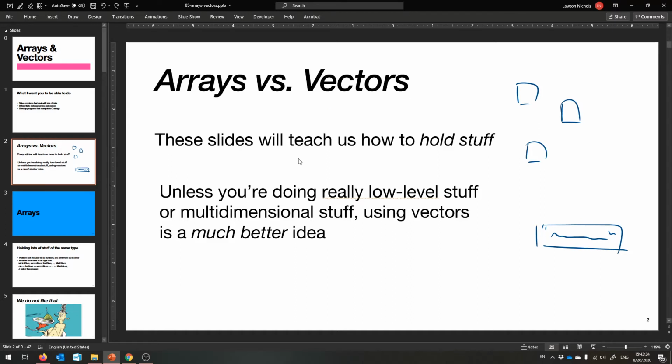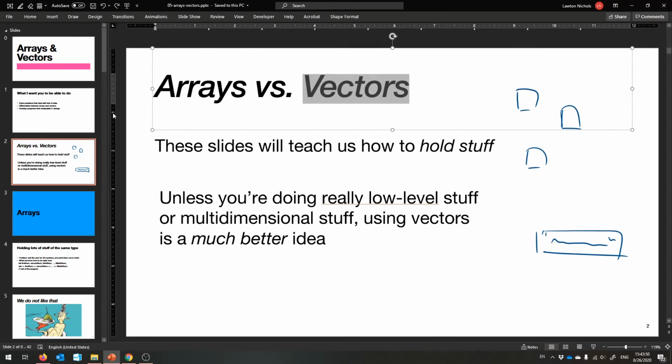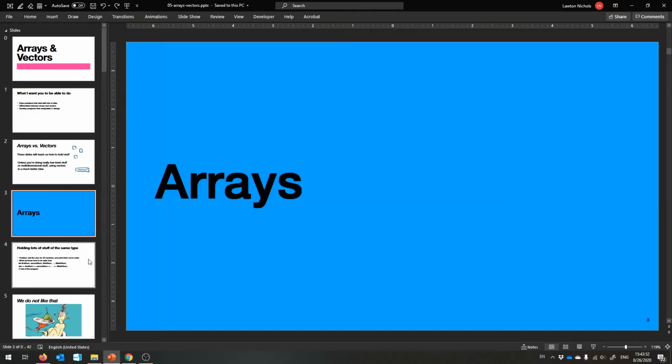That's when an array would work better. And then also multi-dimensional arrays kind of just make more sense than vectors. But that is probably all beyond the scope of this class. If you get nothing else out of this set of slides, use vectors as often as you can, okay? But first we need to talk about arrays because vectors are more complicated.